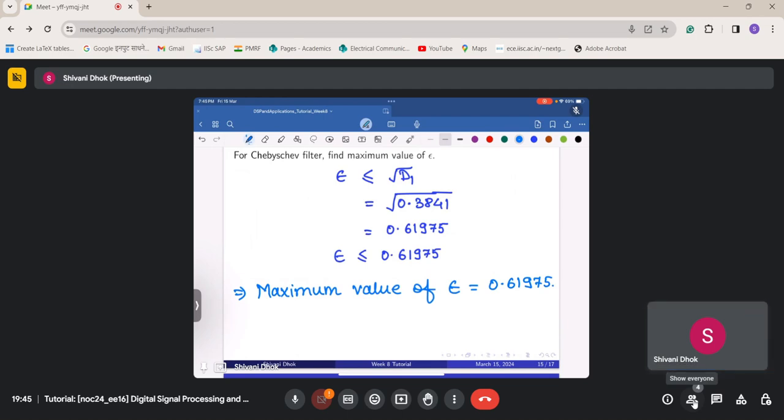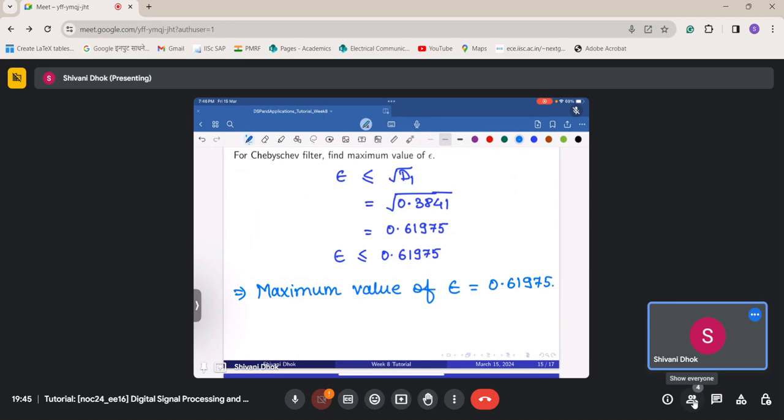No, epsilon is a derived parameter, madam. It's the under root of D1, no? Why is it specifically mentioned as a single parameter? Now this ripple comes up in passband, right? And this D1 is passband tolerance. That's why it is related to D1. Does it answer your question? It's okay, madam.